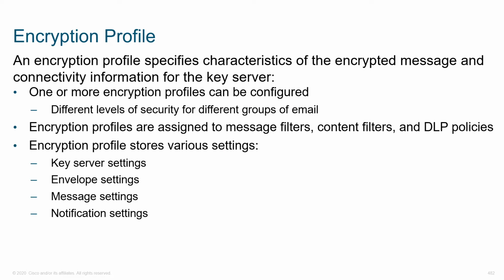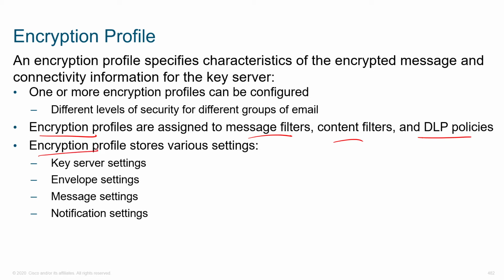So to make all this happen, we need what's called an encryption profile. And this is going to give us our if and then condition for, okay, if I see traffic like this, this is how I want to protect it. The encryption profile, once it gets created, is going to be nested inside of other things like message filters, content filters, and DLP policies.